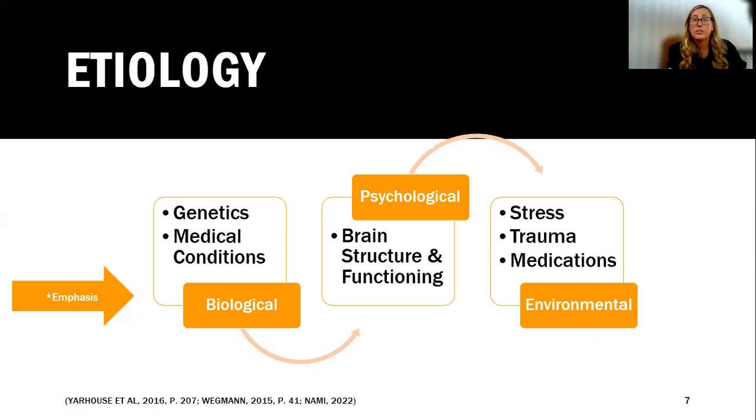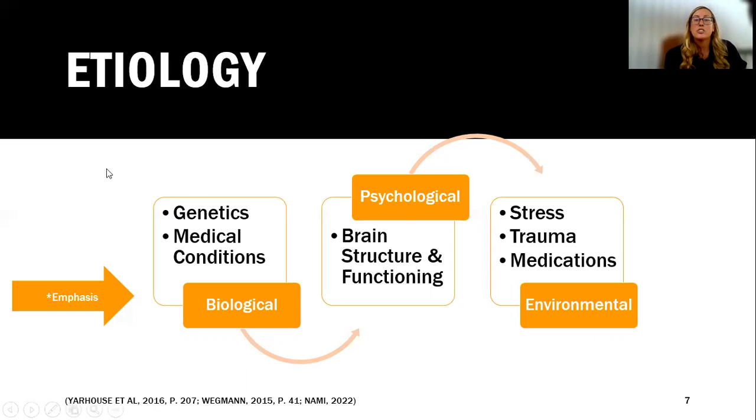There's also research in studies of siblings, particularly identical twins, where if one identical twin is diagnosed with bipolar condition, the other twin has a 50% chance of developing the same condition. So there is research showing inheritance predispositions. Also, research highlights brain structure and functioning that have genetic connections as well.